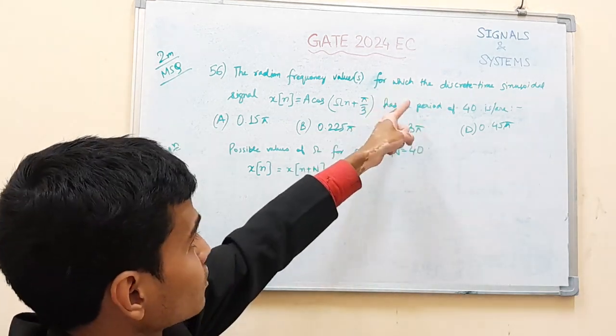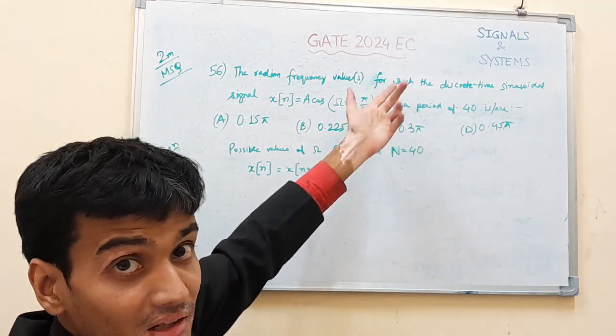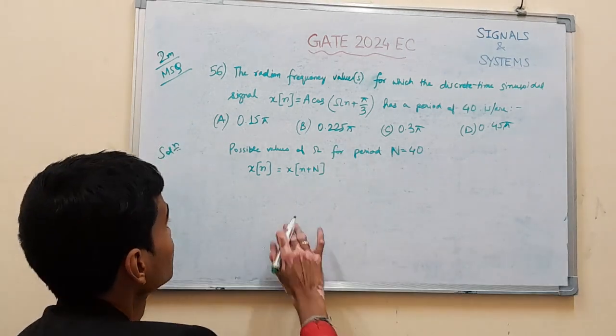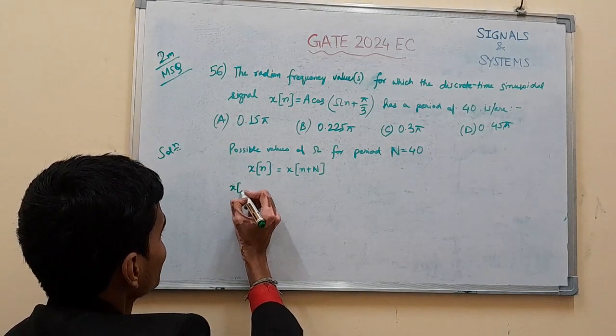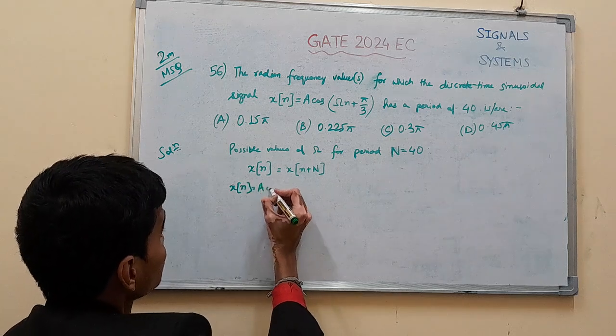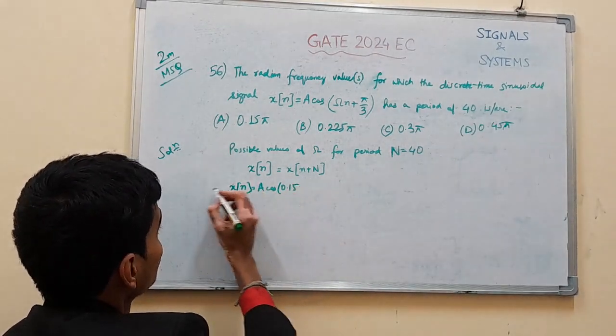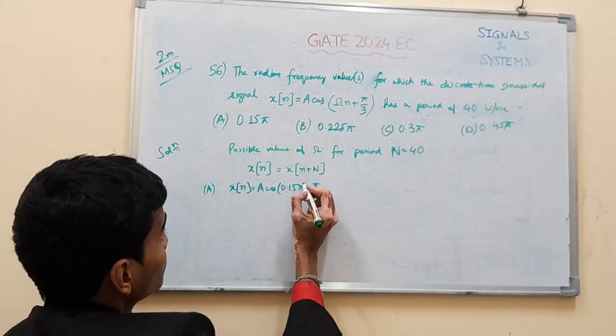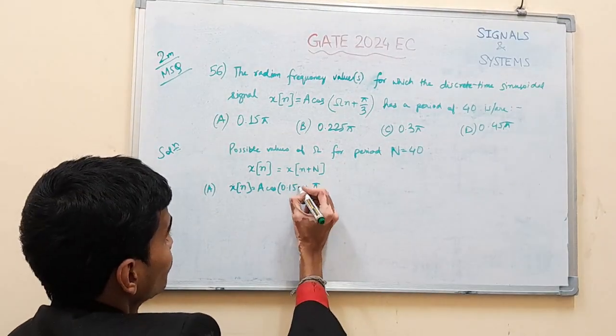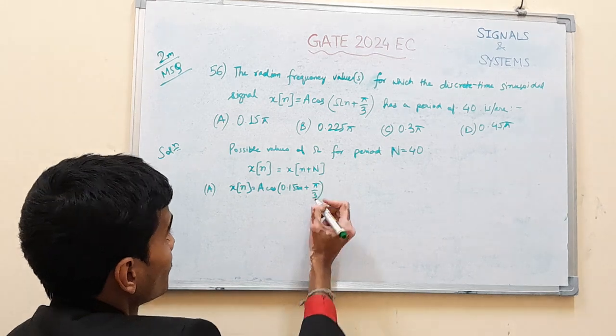I will also solve this question using the definition of fundamental period later at the end. So let's put the options one by one. Let's say x of n equals A cos of 0.5 pi n plus pi by 3, option A.